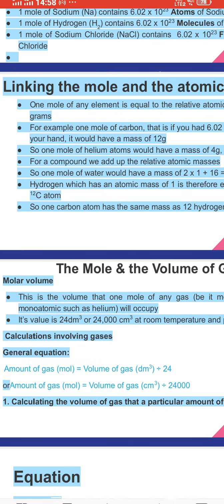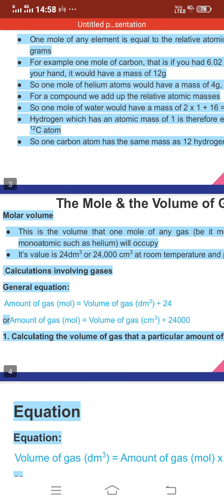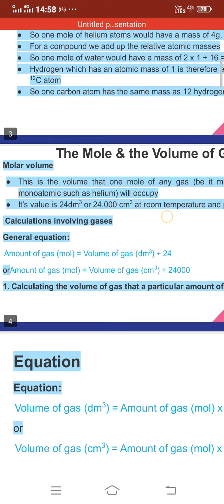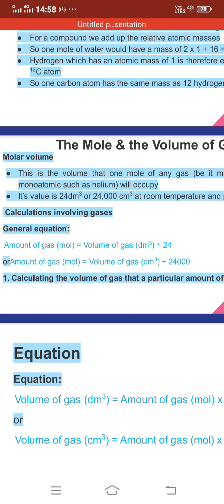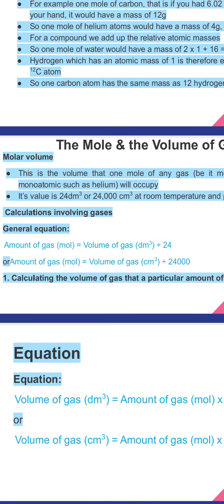Calculation involving gases. General equation: amount of gas in mole equals volume of gas in dm³ divided by 24, or amount of gas in mole equals volume of gas in cm³ divided by 24,000.